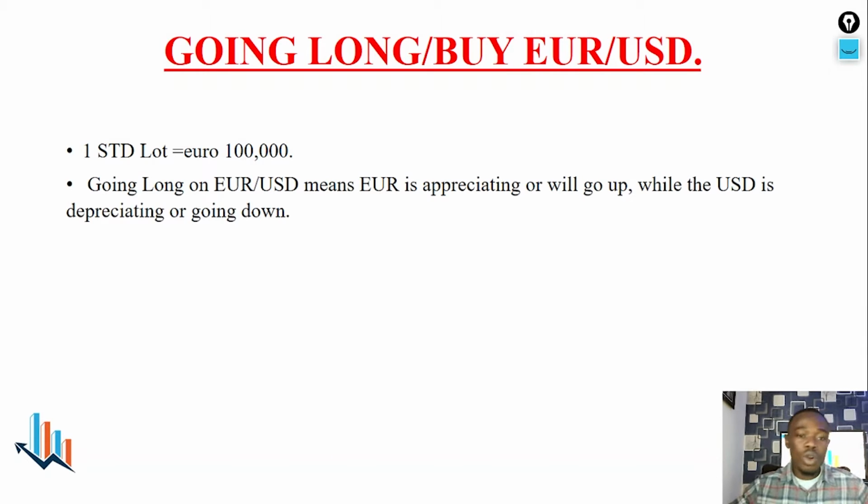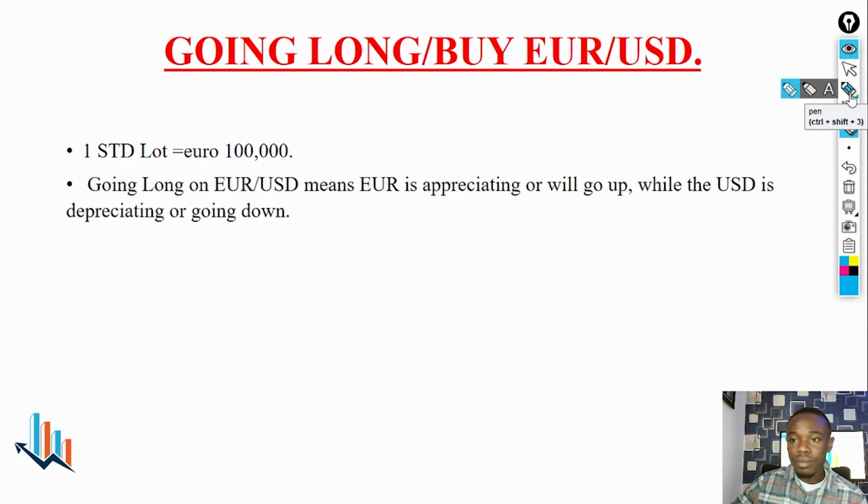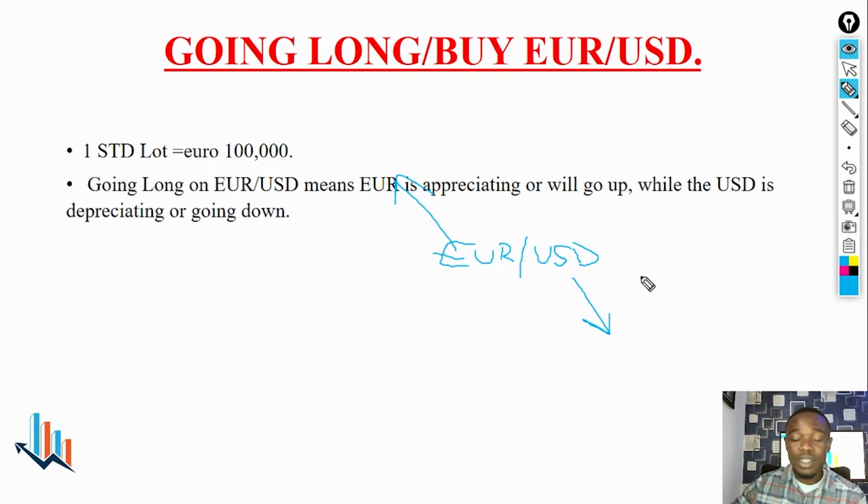Going long on Euro USD means the Euro is appreciating or going up, while the USD is depreciating or going down. Since we already know our base and quote currencies, when we say we are going long, the Euro will move up and the US dollar will move down simultaneously.